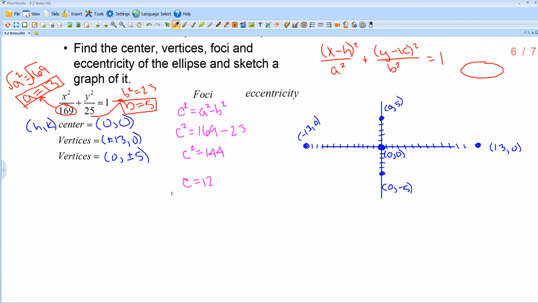That's the focal length. So that's going to tell us, starting from the center, along the major axis, how far do I move? So I move 12, which is right here before 13, 12 comma 0, and I move negative 12, which unfortunately took up 2 spaces, to negative 12 comma 0.